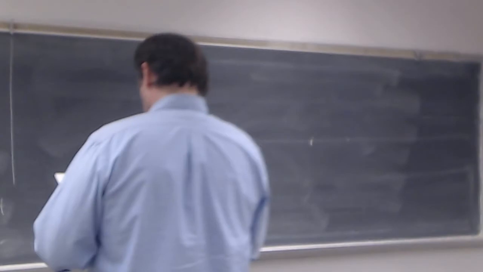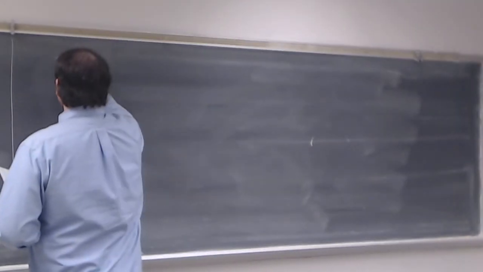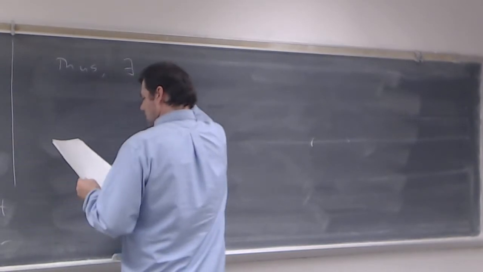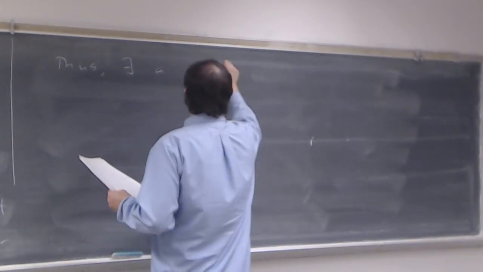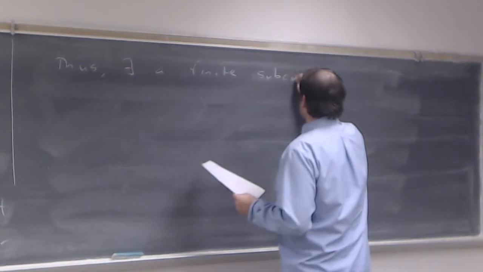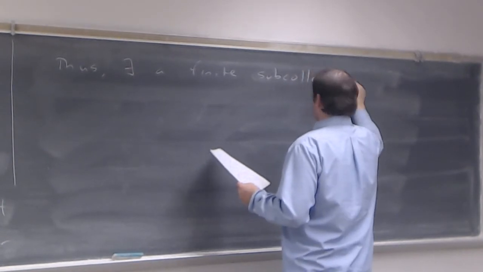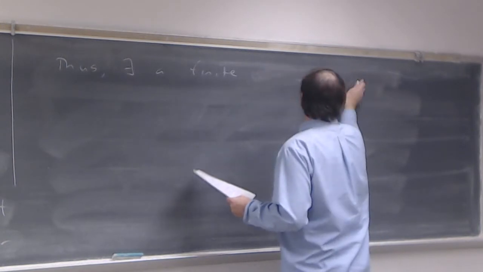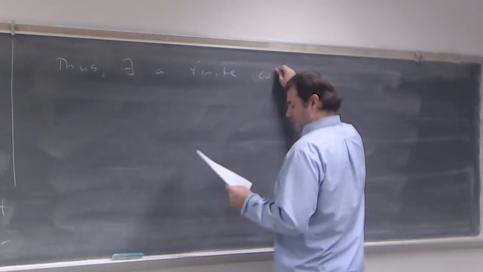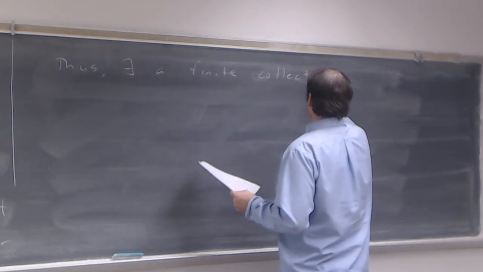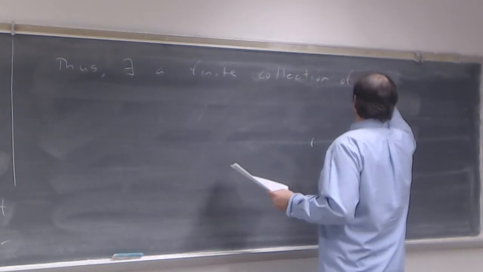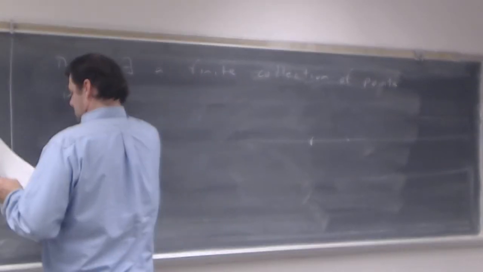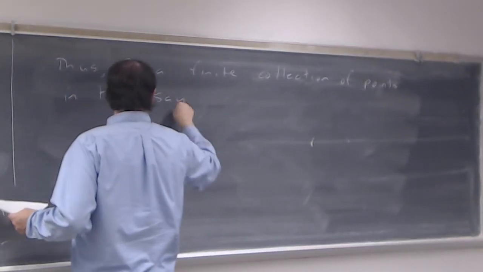Thus, there exists a finite collection of points in K. And let's give them some notation.